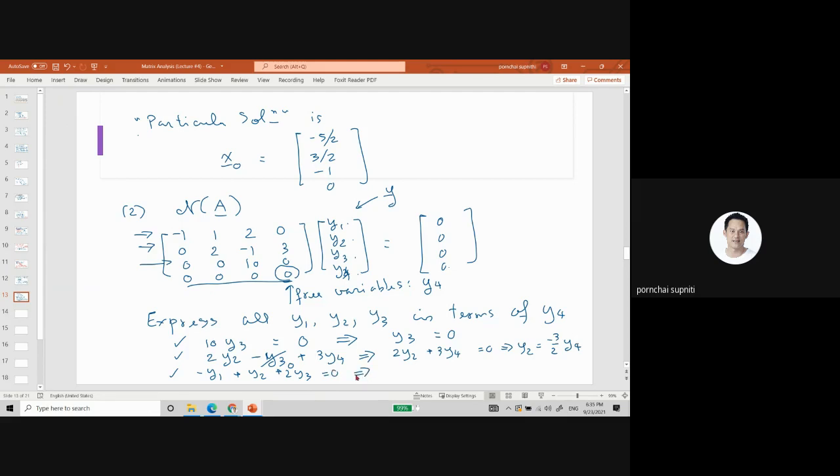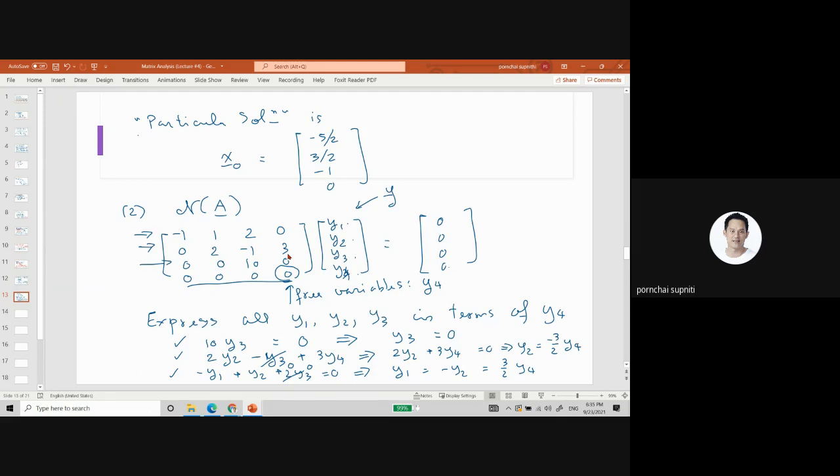But y3 is 0, so this is 0. So I have that y1 is equal to minus y2. So I just write it as 3/2 y4. Okay. So now you understand the process, right? When we do the Gaussian elimination, we can use it for computing the particular solution, and also for computing the free variables, just for simplicity.